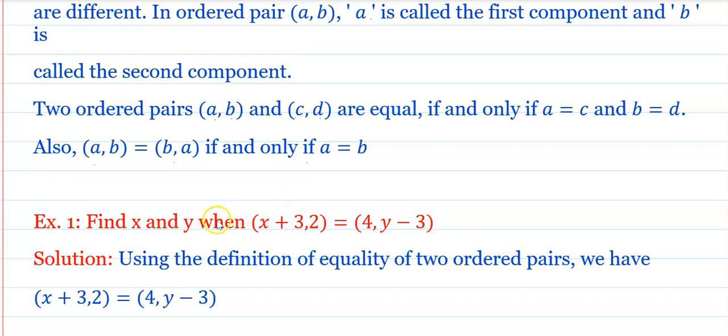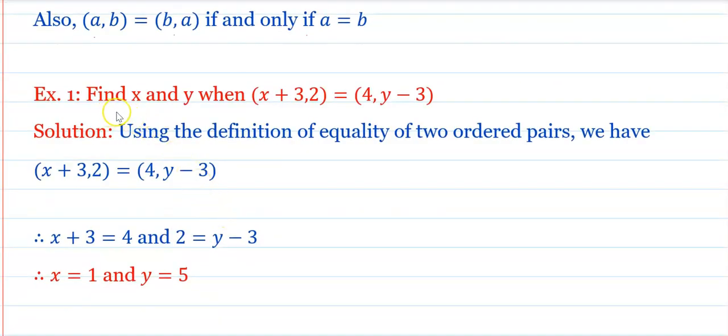Now the first solved example. Find x and y when (x + 3, 2) equals (4, y - 3). Now the solution. Using the definition of equality of two ordered pairs, we have (x + 3, 2) equals (4, y - 3).